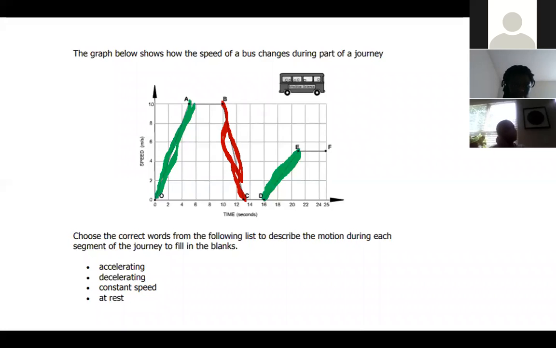E to F, and A to B, very nice. And C to D. And technically C to D is also a constant speed, but that constant speed happens to be what? 0. So that one, put at rest. Yes, this is the one that's at rest. Very good.